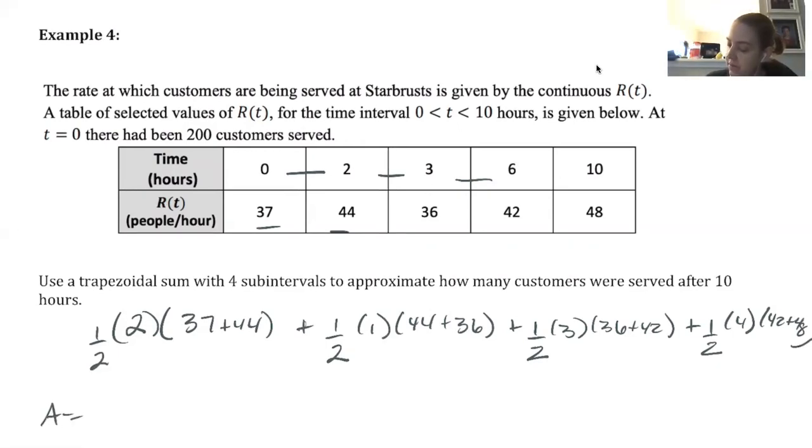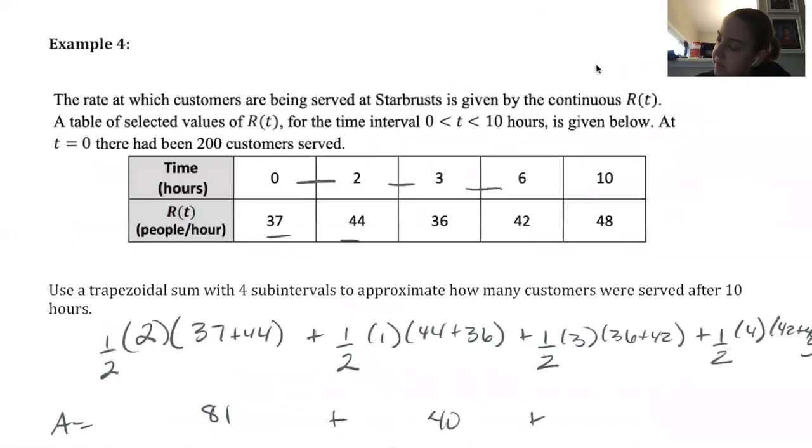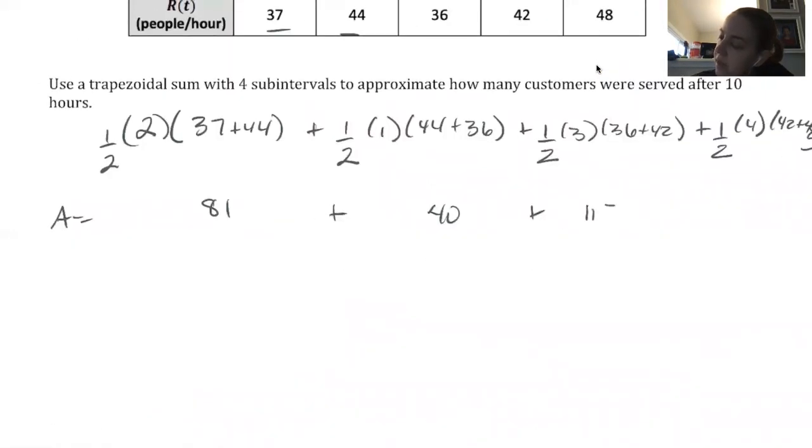37 plus 44 is 81. This one is 44 plus 36 divided by 2, this is 40. This is 36 plus 42 times 3 divided by 2 is 117. Whoops. Man, oh man, that's happening a lot today. This one is 42 plus 48, 180.